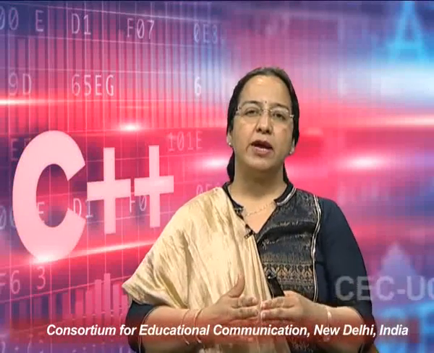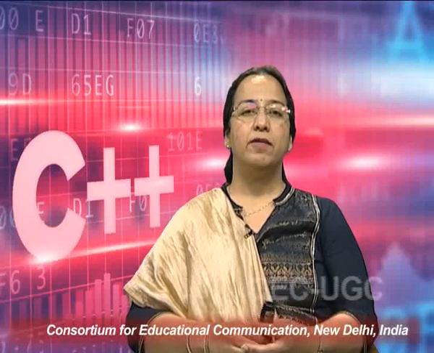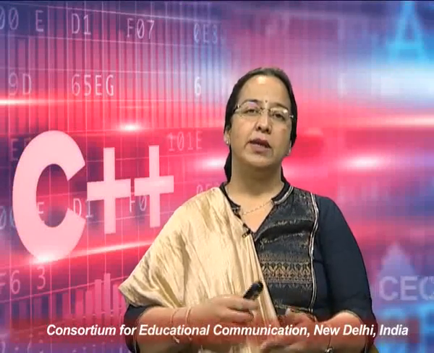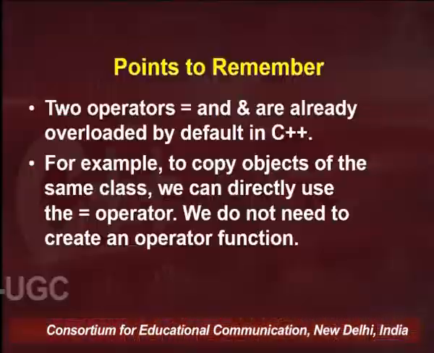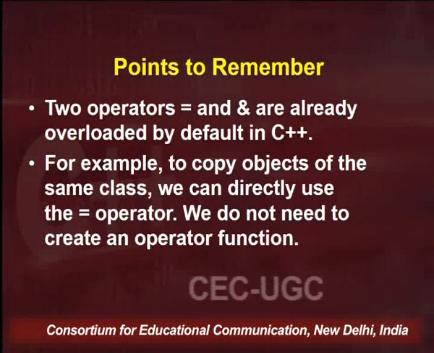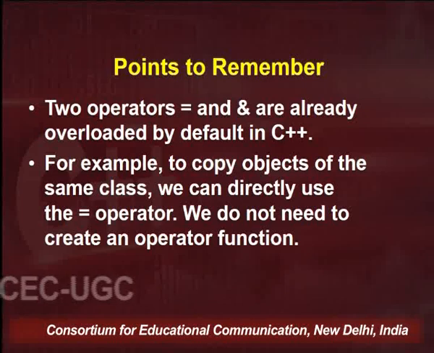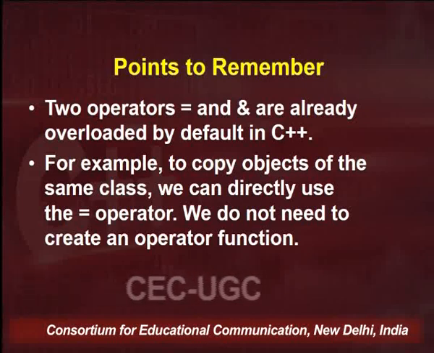Now with this establishment of the fundamentals of operator overloading, as we have seen the unary operator complete, we need to remember some points whenever we are talking about operator overloading, and these points are as follows. First point says there are two operators, one is the assignment operator and another one is the ampersand operator.